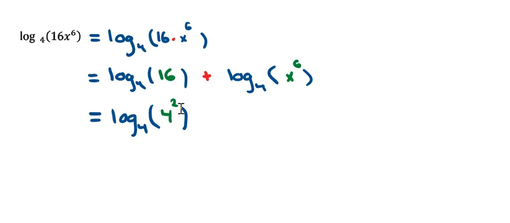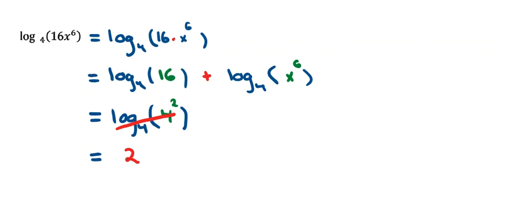And by virtue of one of our inverse properties, the log base 4 notation will cancel that 4, and what would result from this after the dust settles is just an ordinary 2. All right, just an ordinary 2. It's not a power of 2. So that's how the first logarithm simplifies further.